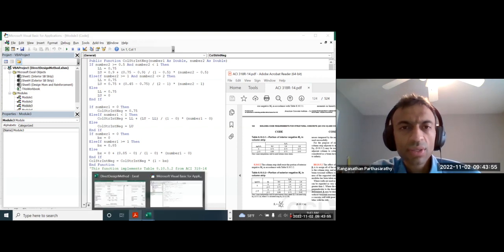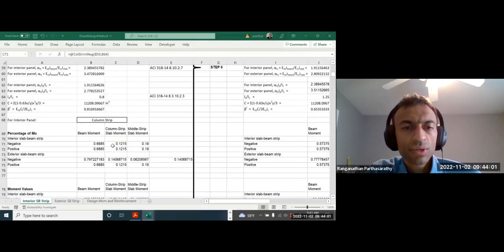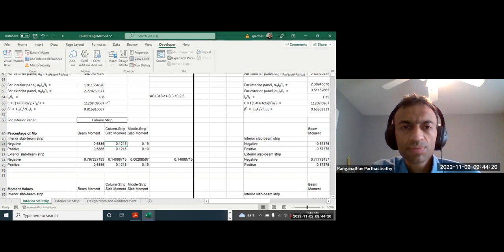If you notice the arguments here, if you go back, B59 and B64 are the arguments. So L2 by L1 is the second argument, and alpha F1 is the first argument. Okay, so now go back there.